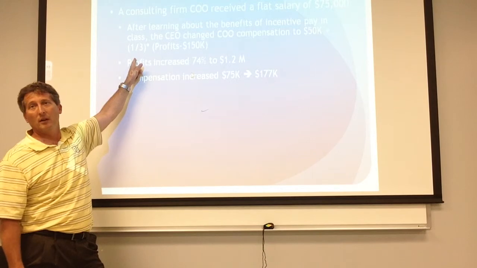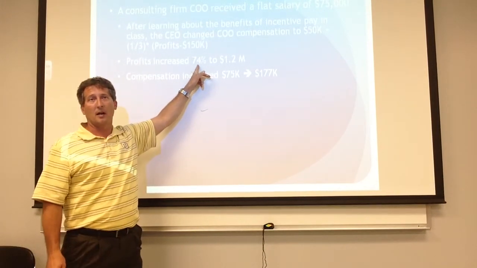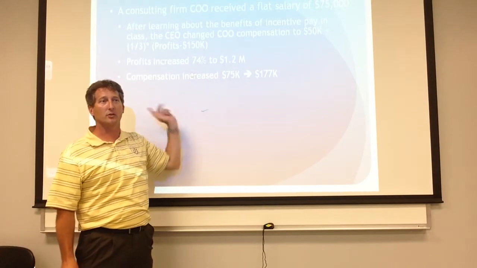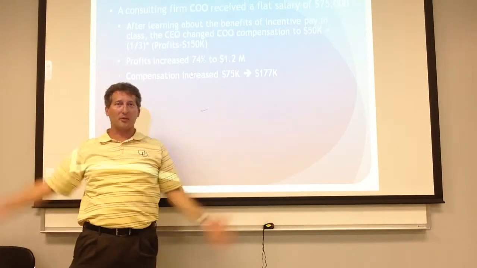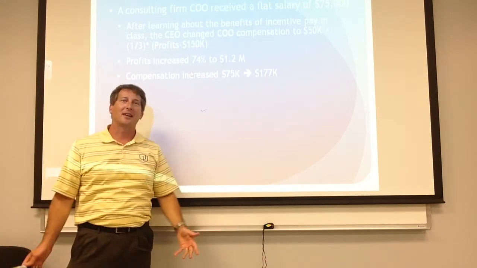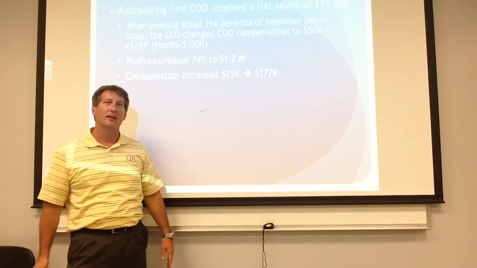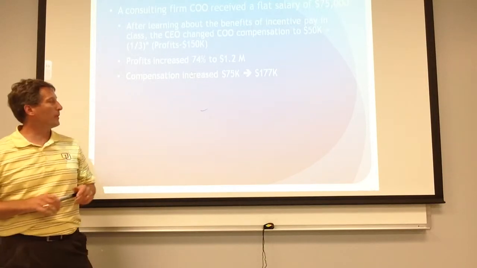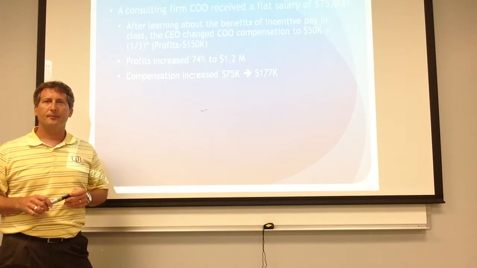That's cool. If they went up by 10%, how could we combat this issue if profits ended up going up 74% because the government cut some subsidies or a natural disaster or some other external thing? How could we structure the pay to compensate for that?